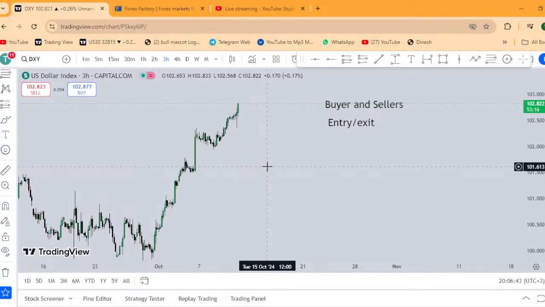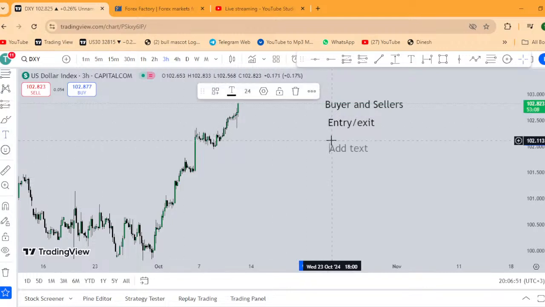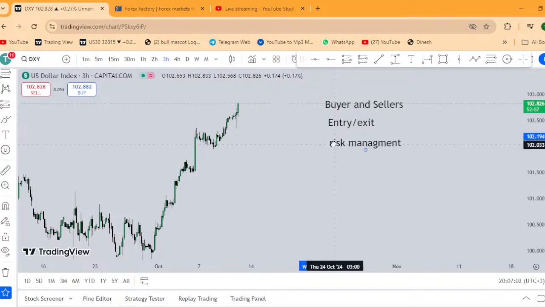Number three, your account size, which you can bracket as risk management. These are the three things you need when approaching your technical analysis.